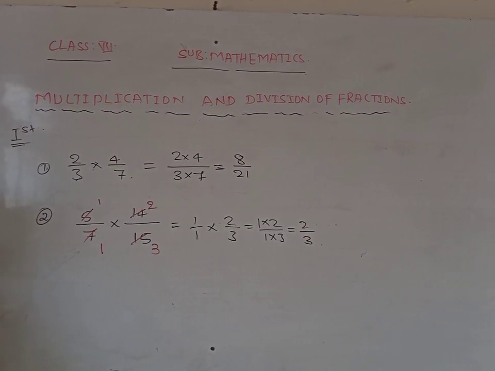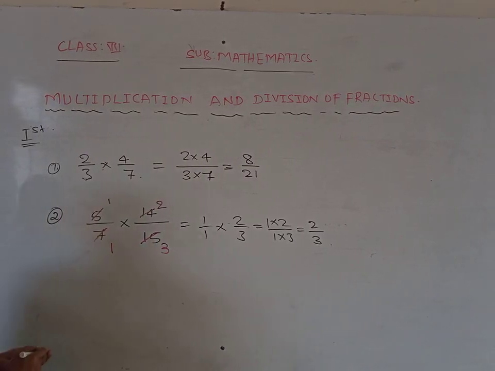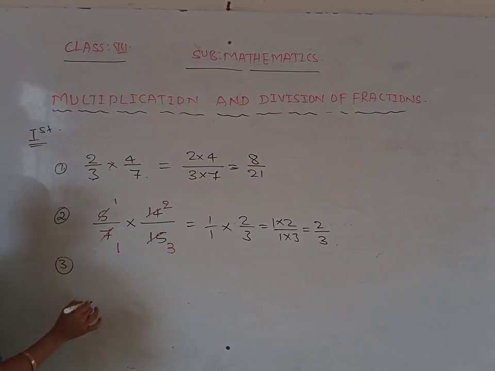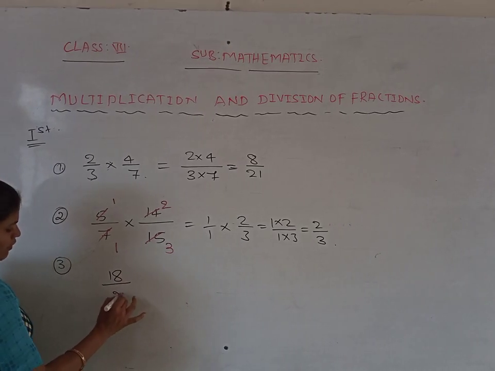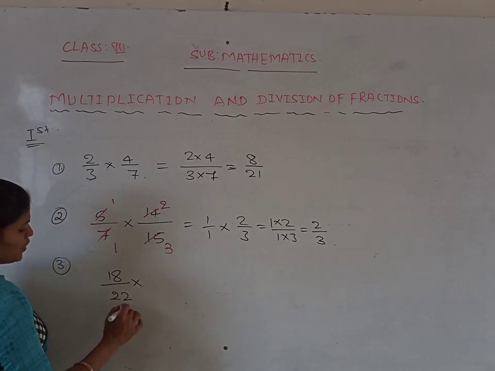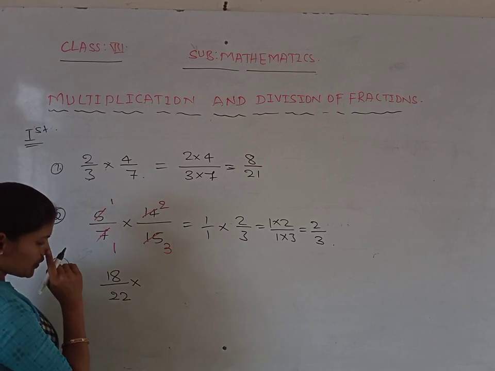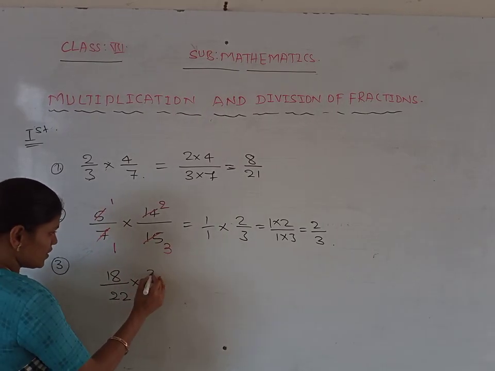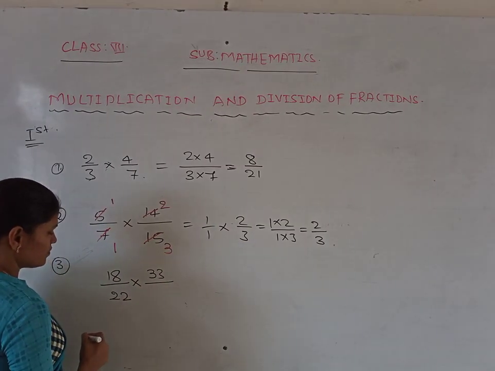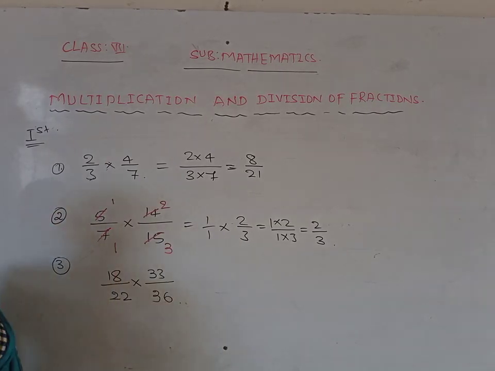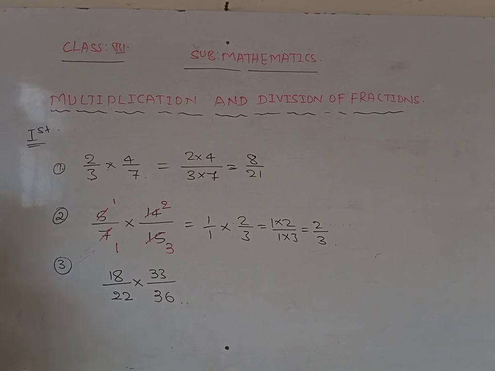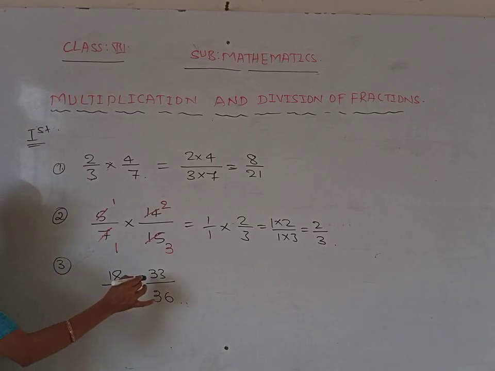Clear? Okay, take another one. 18 by 22 into 33 by 36. Here also there is a common factor, and here also.